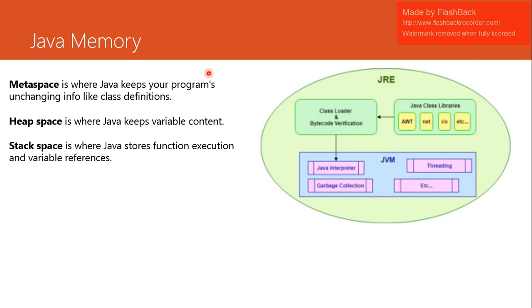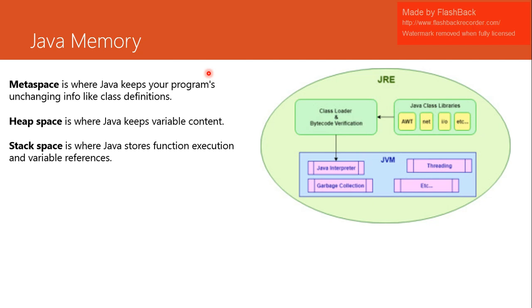So Java has some things we call the Java memory, and the Java memory is actually divided into three: the meta space, the heap space, and the stack space. So in the case of the meta space, what does meta space memory do? It's a memory that actually keeps things that are constant about your program. You must have done math. There are constants and there are variables.